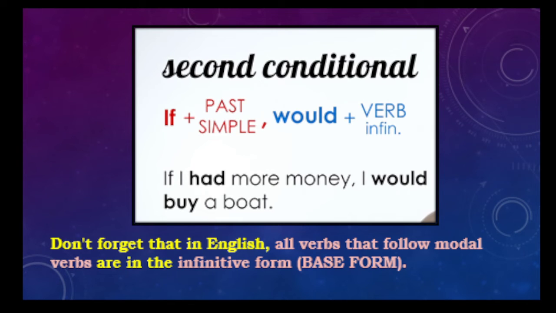Ayan, another example. If I had more money, so here, the verb is in the simple past, yung had. Ano ba yung present tense ng had? Have. H-A-V-E. Diba? So, if I had more money, kung nagkaroon ako ng mas maraming pera, I would buy a boat.